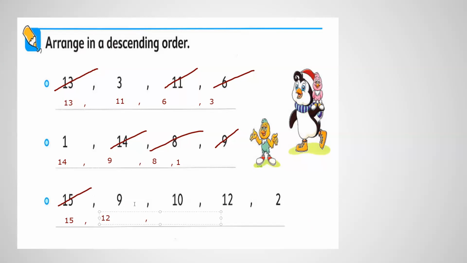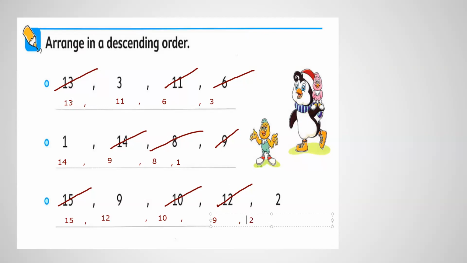Then after 12, can you think? Excellent, it's 10. And cross it out, cancel it. Now we have 9 and 2. So we will put 9 first. And the last one or the smallest one here will be 2.